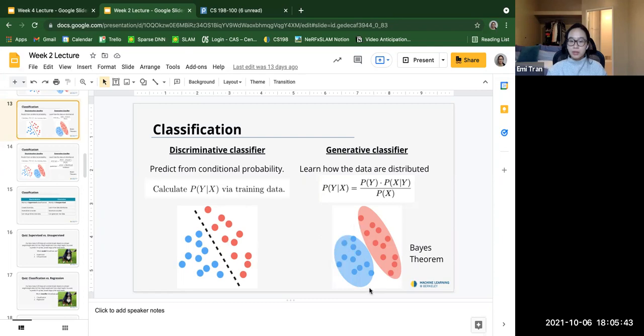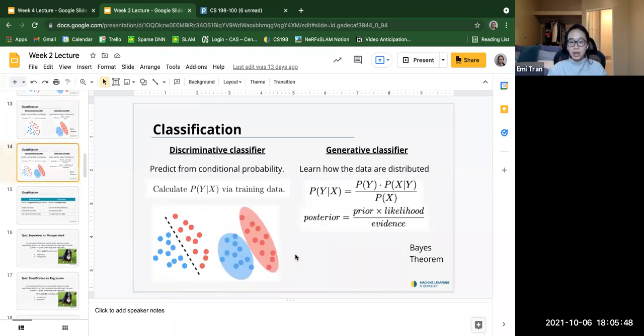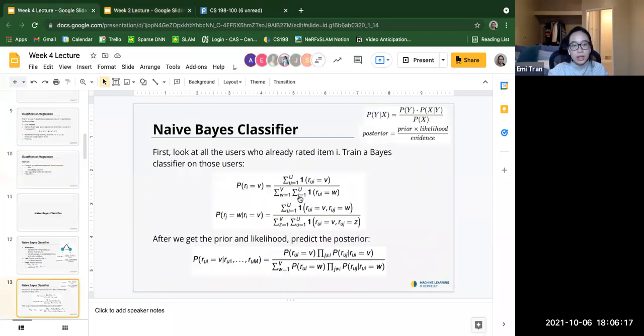You're trying to find the distribution of data using Bayes theorem or more statistics, finding the prior and the likelihood probability to get the whole mapping of the data space, the data distribution within that given space. And just a refresher on this, probability just uses some prior and likelihood.